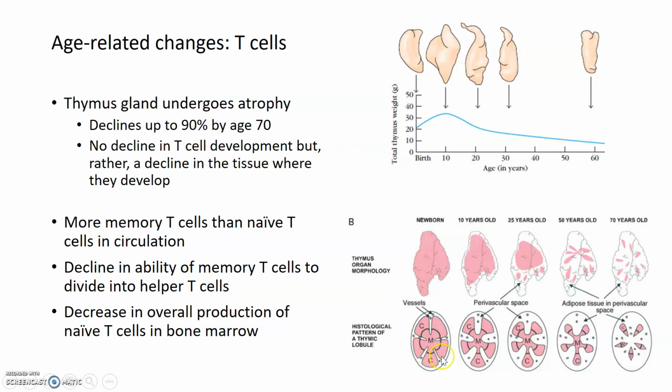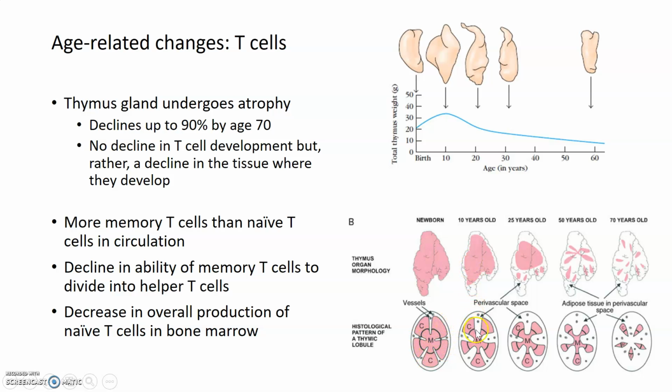And so what you can see here is actually what happens inside the thymus gland and why it becomes sort of harder for the T cells to find a place to differentiate. If you took a thymus gland and then did a cross-section right through the center, faced it towards yourself, this is what it would look like. So there would be sort of empty space or perivascular space in white, and then actual useful tissue where T cells can be maturing in pink.